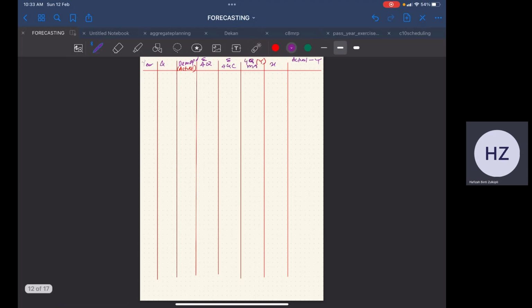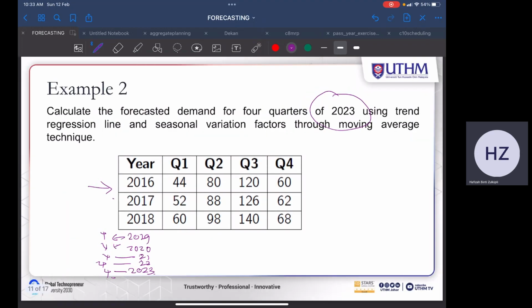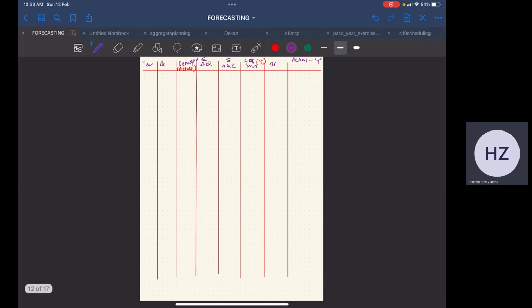So we need to rearrange the data from the given table. You need to write 2016, starting with quarter 1, quarter 2, quarter 3, quarter 4.